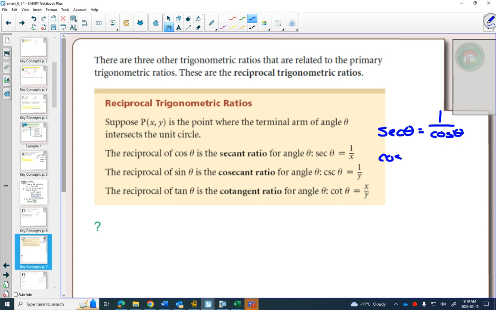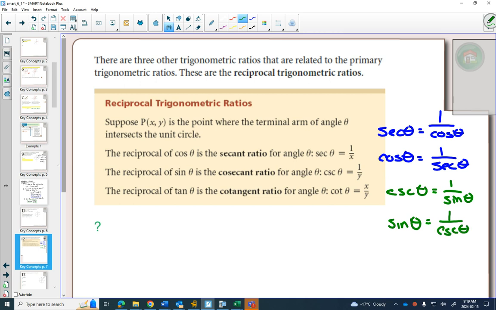And that means that cos of theta is equal to 1 over secant theta. They're reciprocals of each other. With sine, you have cosecant. So cosecant theta is the reciprocal of sine, so that means that sine of theta is 1 over cosecant theta.